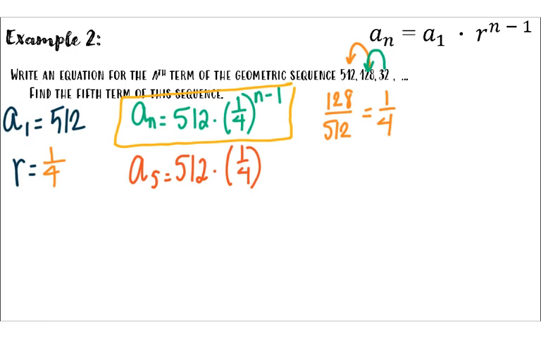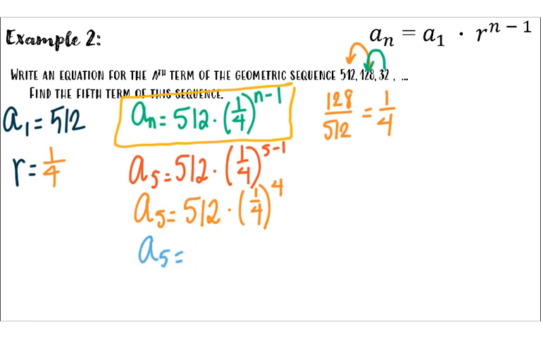Well, I want the 5th number, so 5 minus 1 should give me 4. I'll write it down, 5 minus 1, and then I'll rewrite it. But once again, you're just putting the previous place, so 4. All right, do not be afraid of this problem. Let's just clean it up a little bit. A sub 5 is equal to 512 times 1/4 raised to the 4th power.